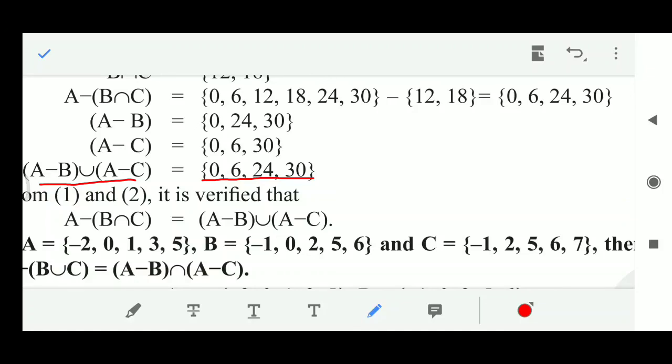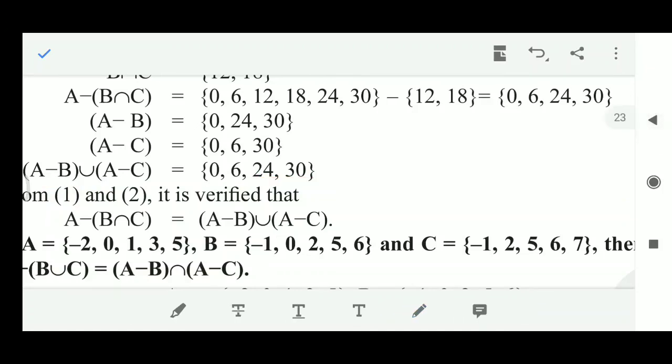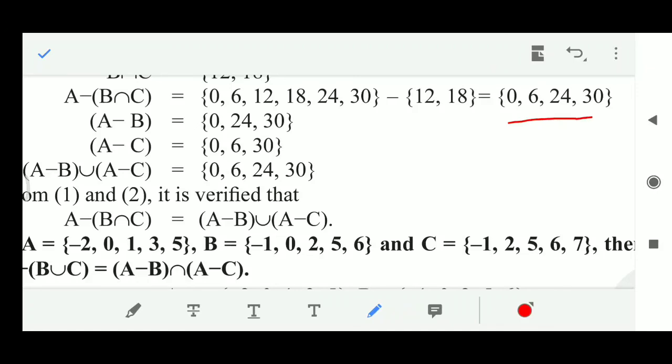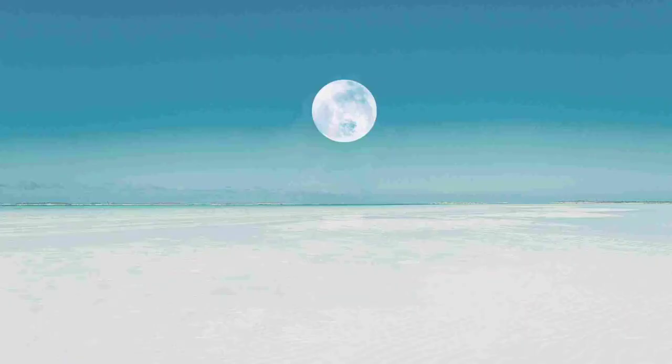Now look at the left hand side and the right hand side. A minus (B intersection C) and (A minus B) union (A minus C) are both equal. So from equations 1 and 2, it is verified that A minus (B intersection C) is equal to (A minus B) union (A minus C).